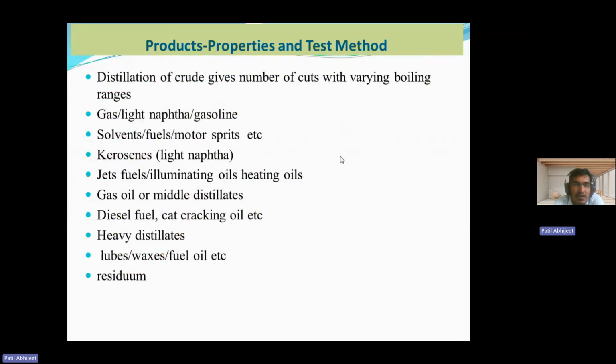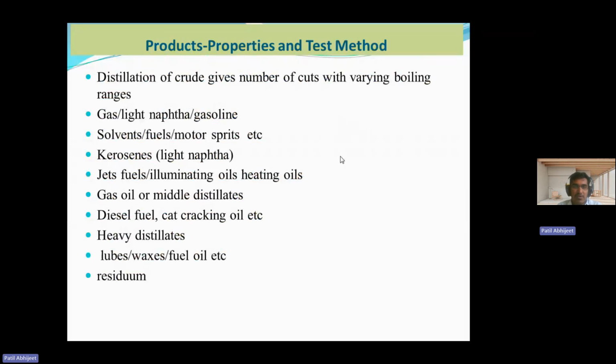So this was regarding the products, their properties, and the test methods. There are certain products, and there are various properties and test methods available to check what kind of products can be obtained. The first products obtained are gas, light naphtha, or gasoline.